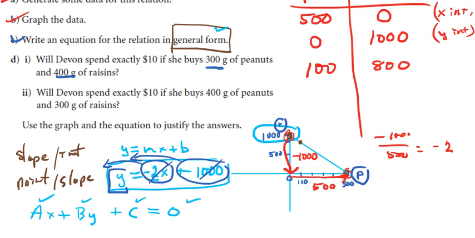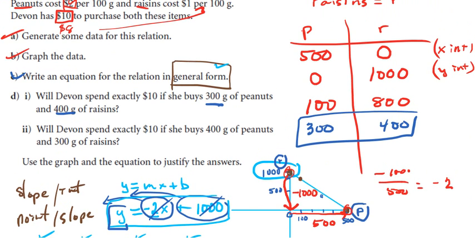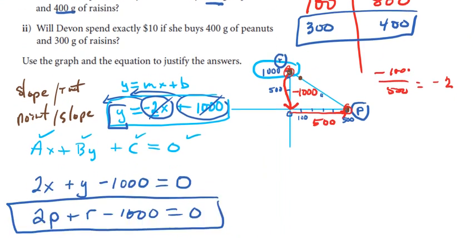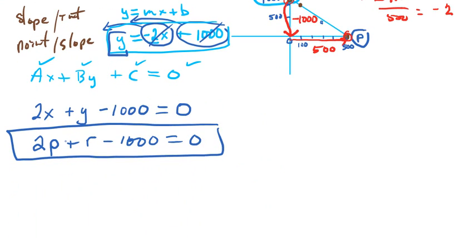So 300, 400? It could be, maybe, it might be off a little bit here. What's another way you could check it? Well, you could see if 300 and 400 actually fit in the table of values, which means do 300 and 400 actually go into the equation?